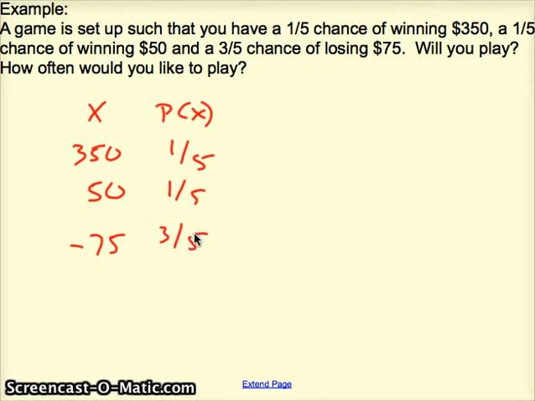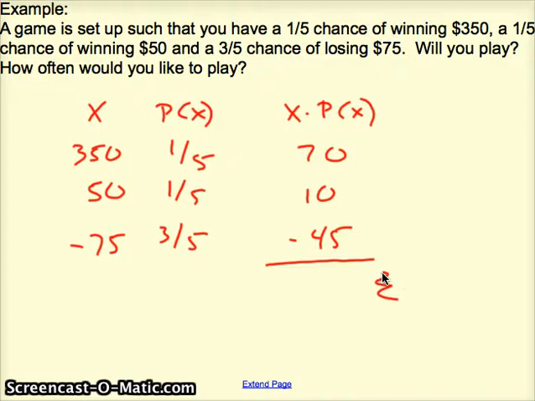To get the expected value, we take every outcome times its probability, and so we get 70, 10, and negative 45. We sum those together, adding every outcome times its probability. The formula writes it this way: x sub i times p sub i. If you add those together, you get $35.